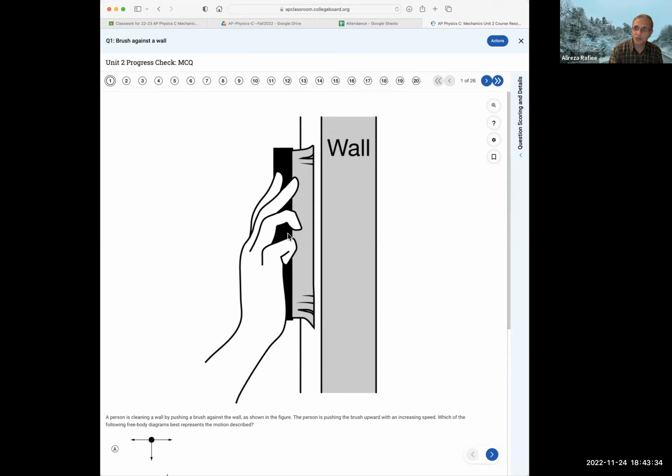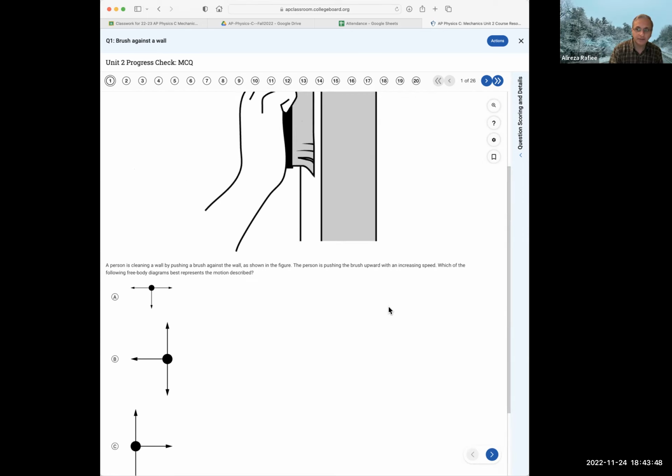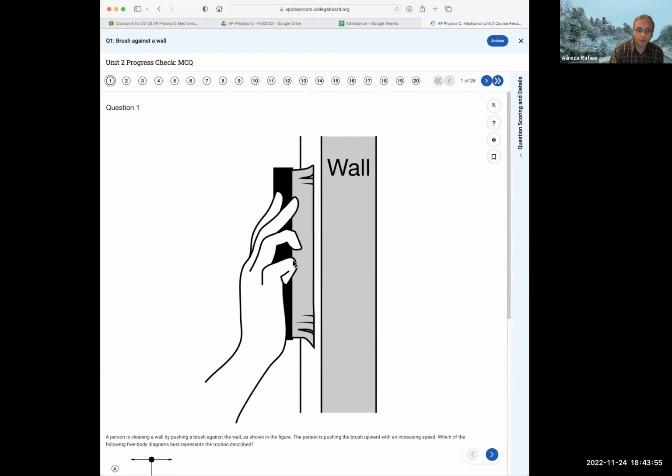Is there any force toward the wall? He's pushing the brush against the wall. Is there any force to the right side? Yes. What does it mean? Well, you are pushing this object to the right side, but does the object move to the right side?